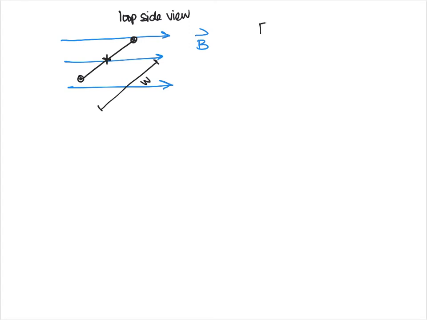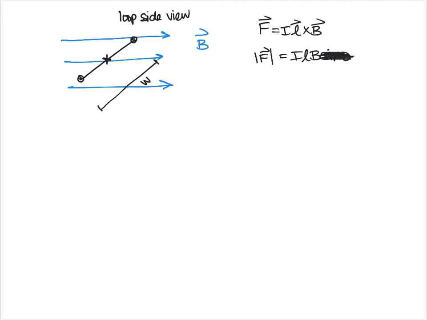If we do, the force is IL cross B. The magnitude of the force is ILB sine of theta, where theta is the angle between the current and the magnetic field. Actually, they're perpendicular to each other, so I don't need the theta there.